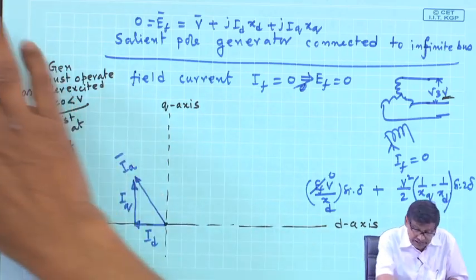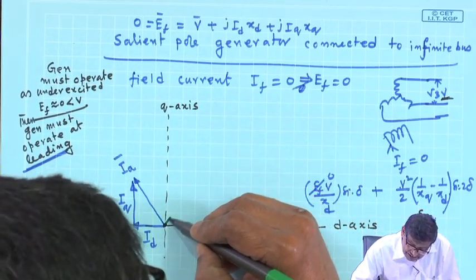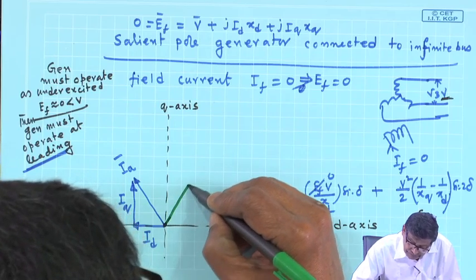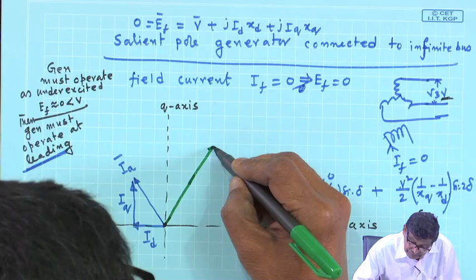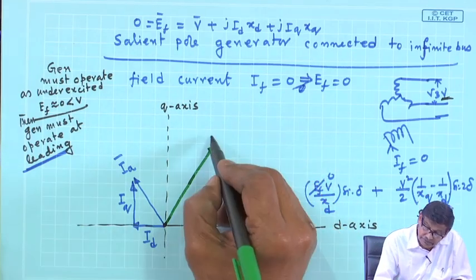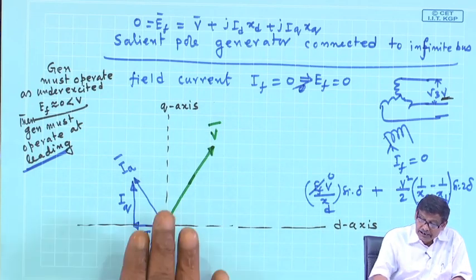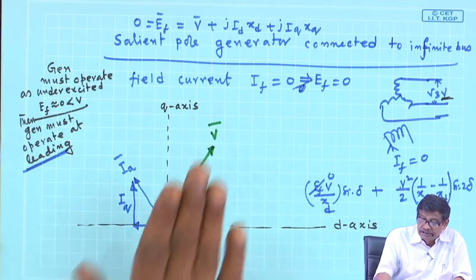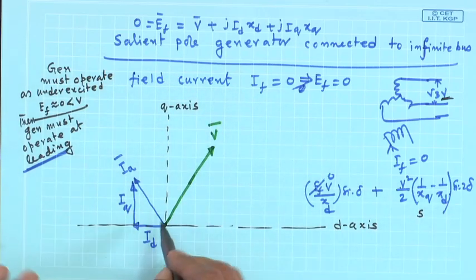Therefore, the V must lie here. This must be your V, nothing doing. So, it satisfies everything. It is generator mode, V is behind EF. Where is EF?